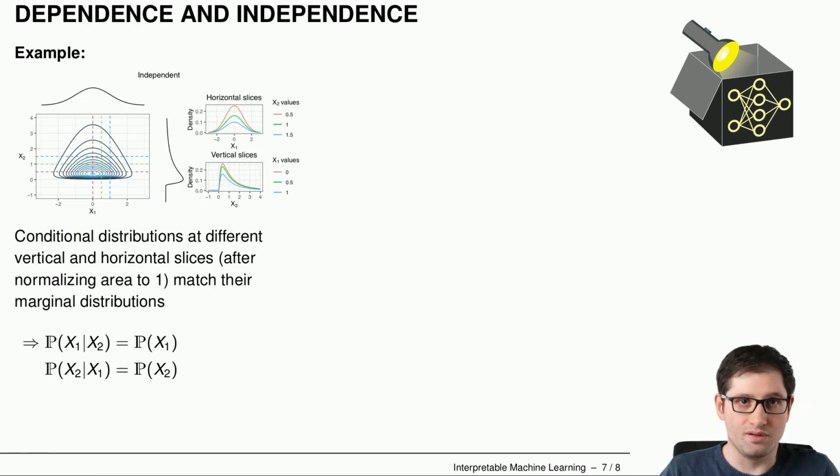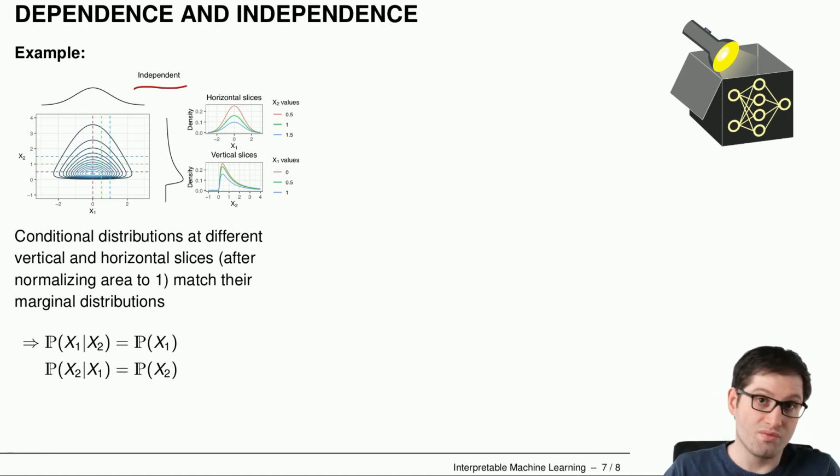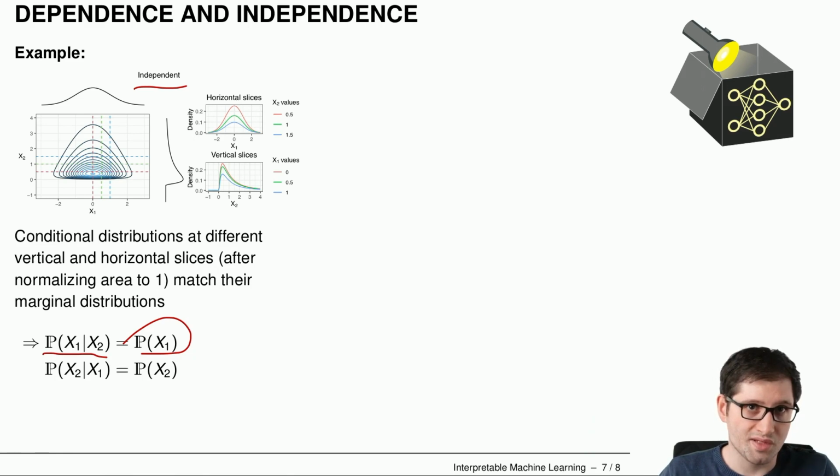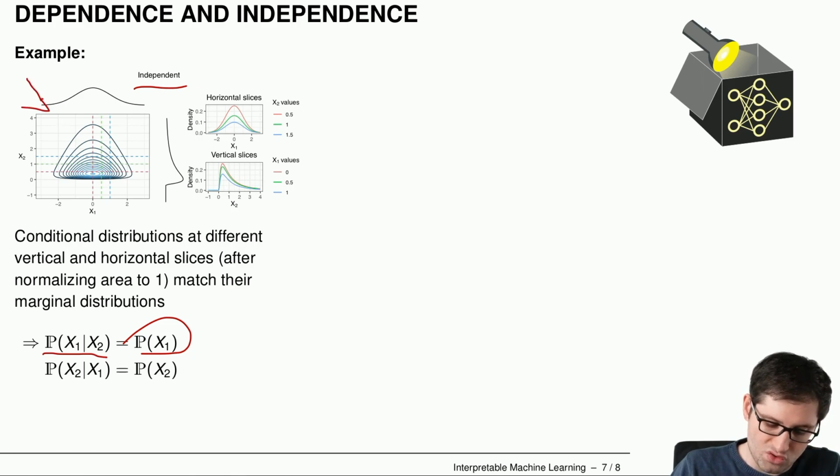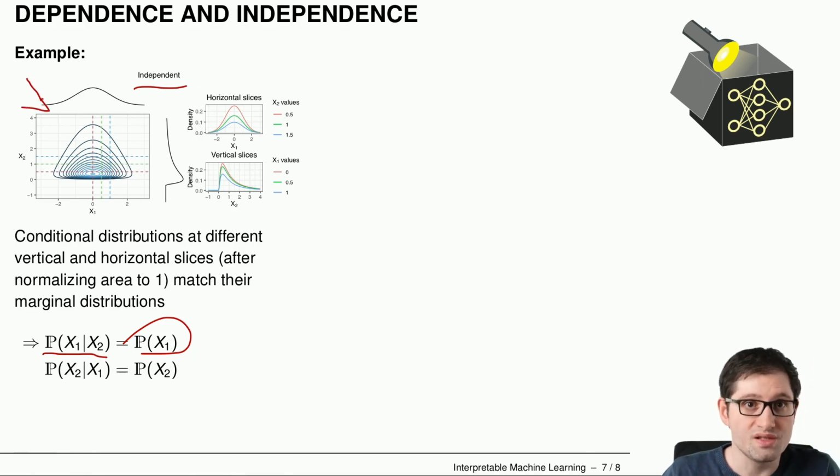As an example of dependence and independence, we will look at two random variables that are independent and continuous. We will illustrate that the conditional distribution is always the same as the marginal distribution in case of independence, which was the second definition of independence that we have seen. Let's look at the joint distribution, which is visualized here as a contour plot.